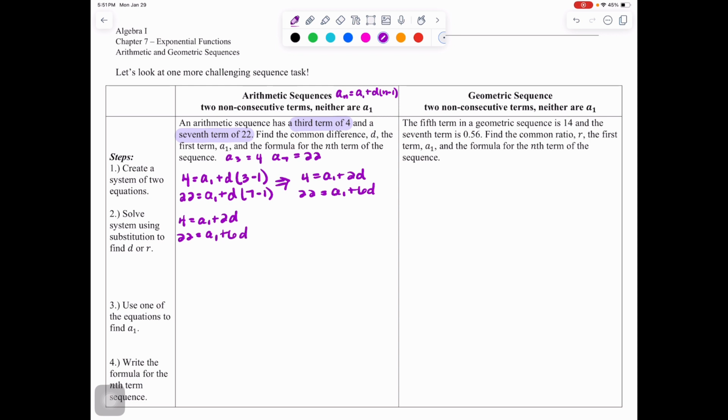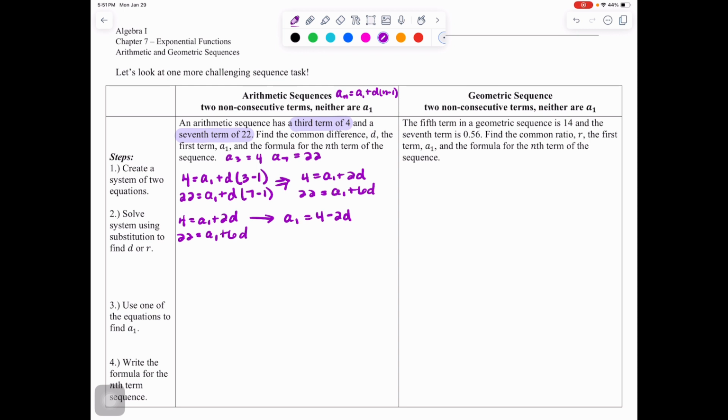I'm going to use substitution on the top one, and I can kind of do this just in one step. I want a sub 1 to be alone. So if I look at the equation, I have to subtract 2d to do that. So this other side is turning into 4 minus 2d.